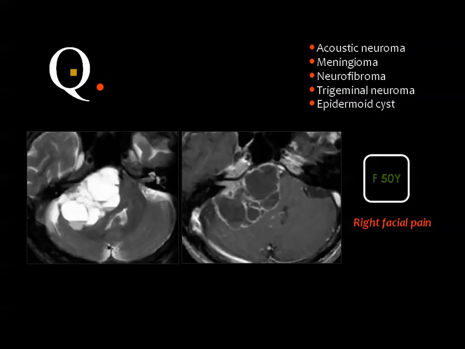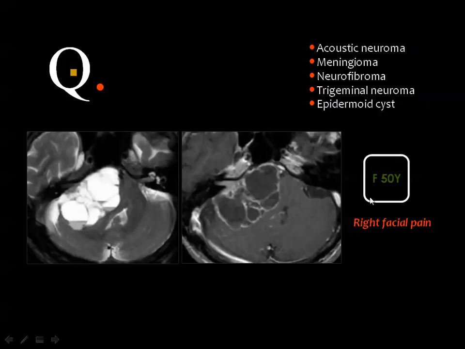What is the description of this lesion? Big cystic multilocular lesion at the cerebellopontine angle region showing bright signal in the T2 weighted image with internal septations of intermediate signal.